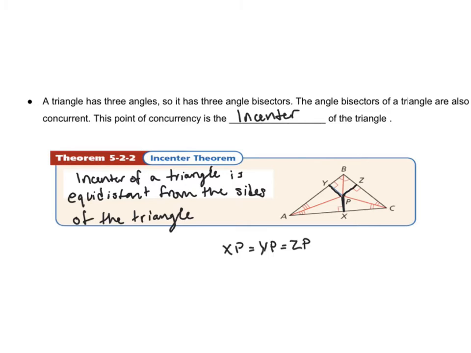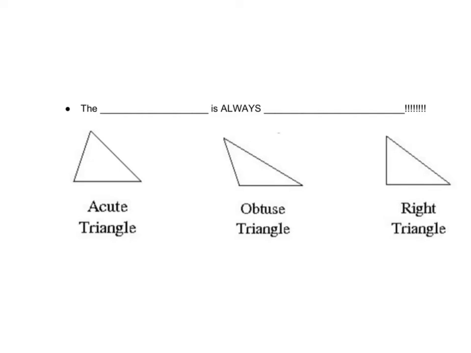Now we'll look at acute, obtuse, and right triangles for the in-center. The in-center, in this case, is always inside the triangle. Whether it's acute, obtuse, or right, they're going to be inside the triangle.